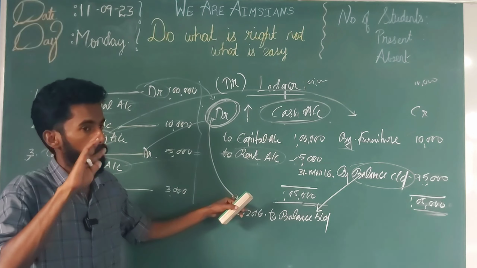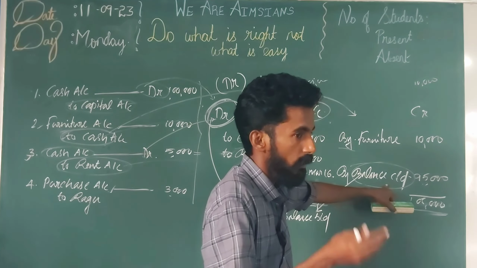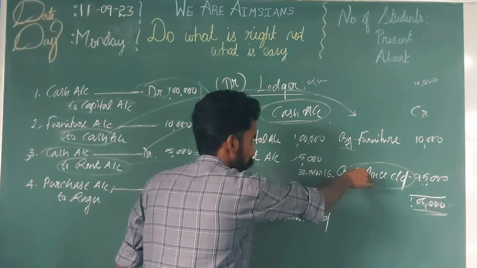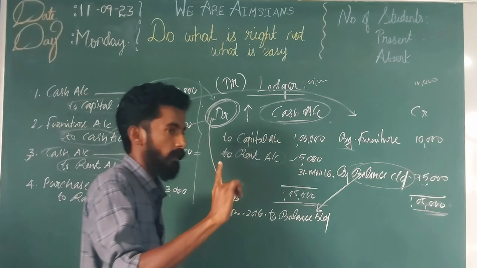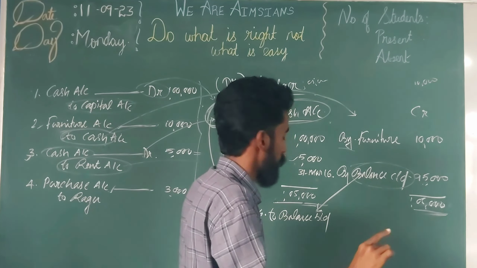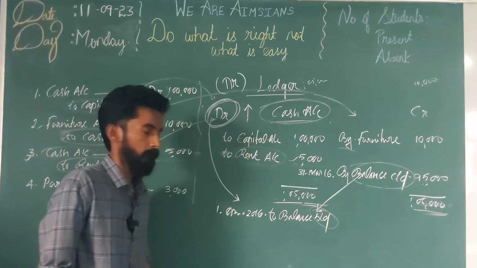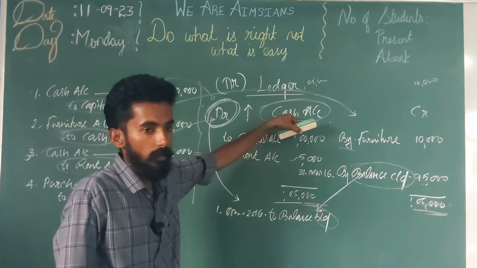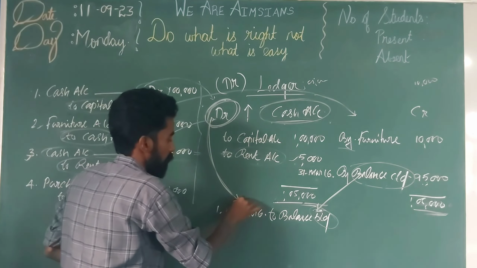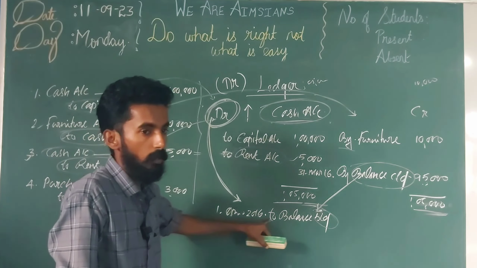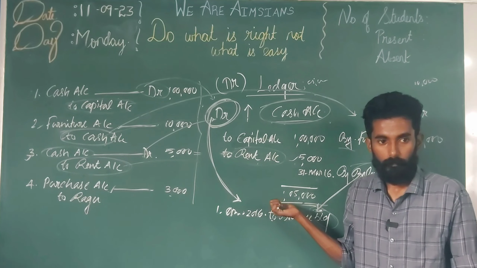So keep these 2 points in your mind. Whenever you are going to carry down any balance, next year that brought down should be on the opposite side only. That is one thing. Second, depending upon the nature of the account, the balance brought down is going to affect that particular account. Suppose cash account is a real account, our asset only; an asset shows a debit balance. That is the reason the cash account balance brought down should be on the debit side.